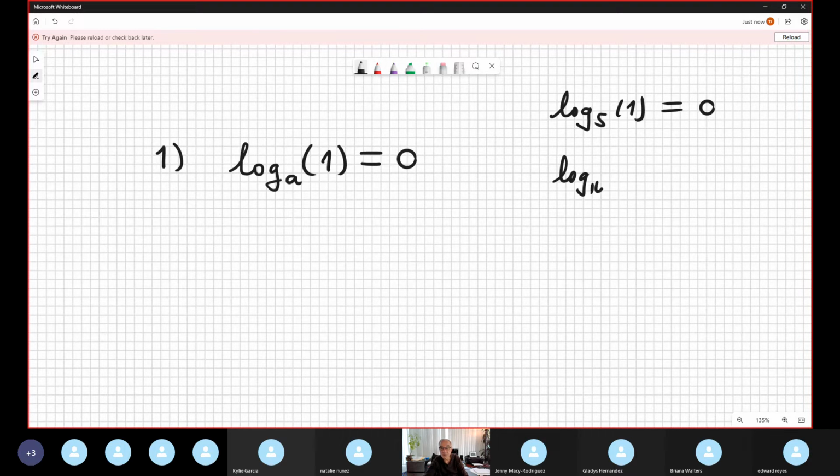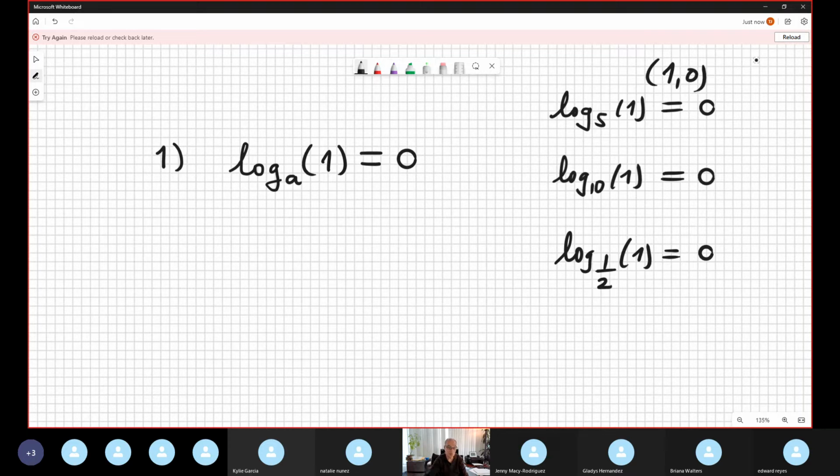Logarithm base 10 of 1 is 0. Logarithm base 1/2 of 1 is 0. If the number inside the argument is 1, regardless of the base, the answer is 0. That is the reason the famous point is the point (1, 0). It's the universal point of the logarithm. Is this idea clear? Yes.